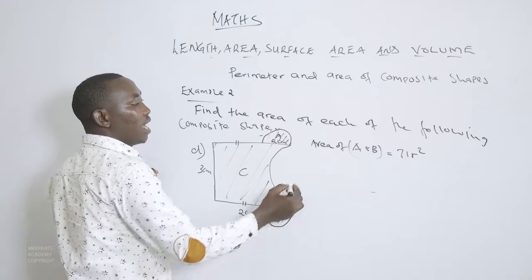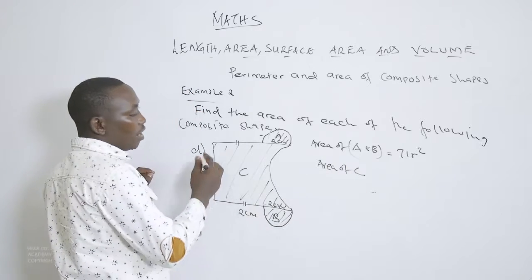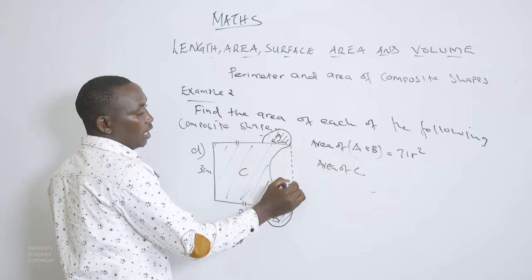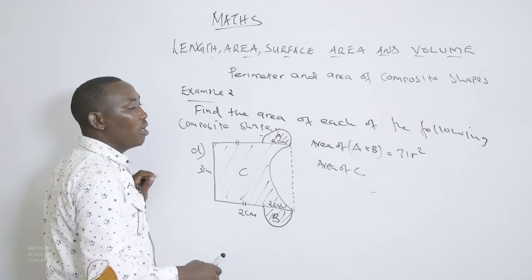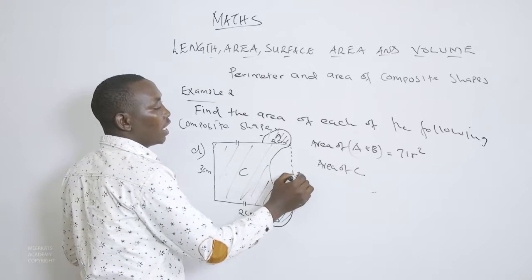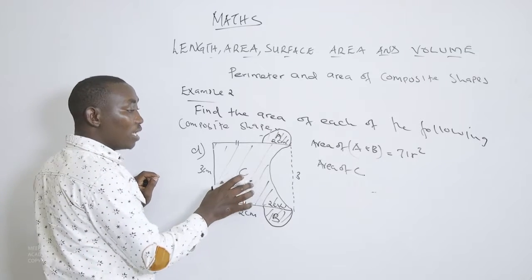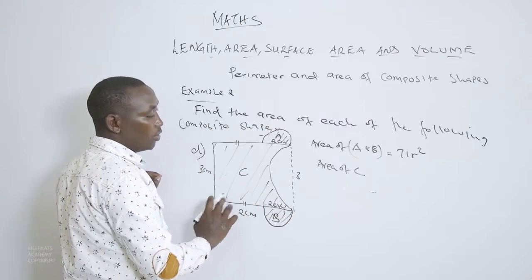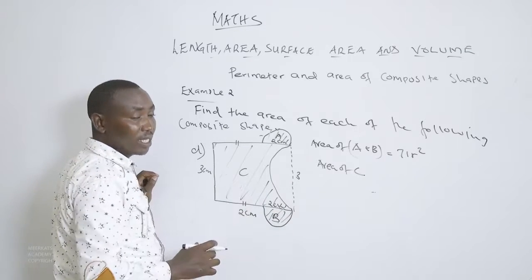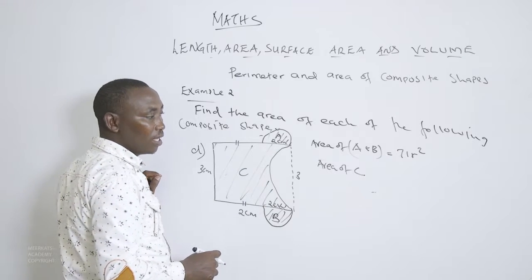Now, for you to get the area of C, initially it was a full rectangle, but a half circle which has a diameter of 3 units has been chopped off. So for us to get the area of this particular part C, you need to get the area of the full rectangle. We subtract the area of this particular semicircle.